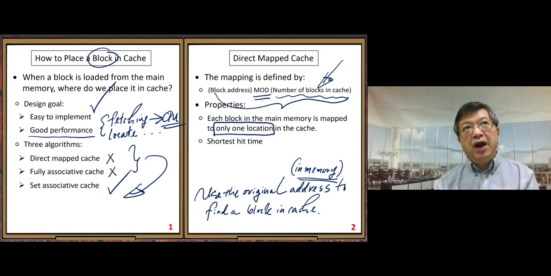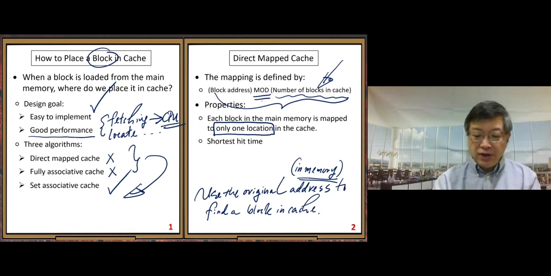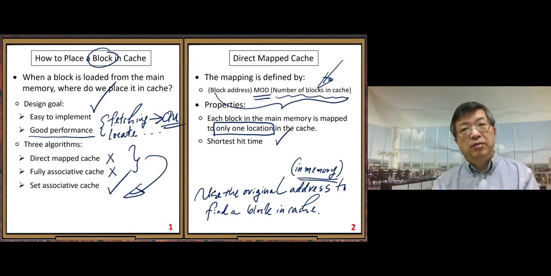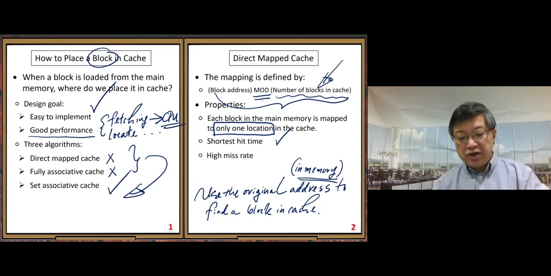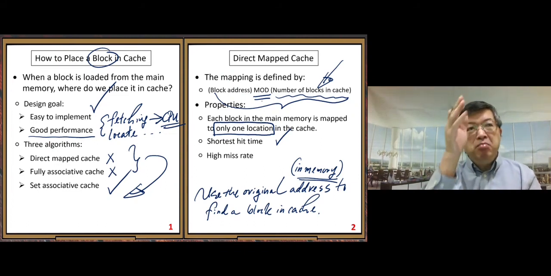If you find it, it's a cache hit. Very fast. So this is an advantage. But later you will see the impact of this advantage is not very big. It's good, but it can easily be overshadowed by other negative factors.